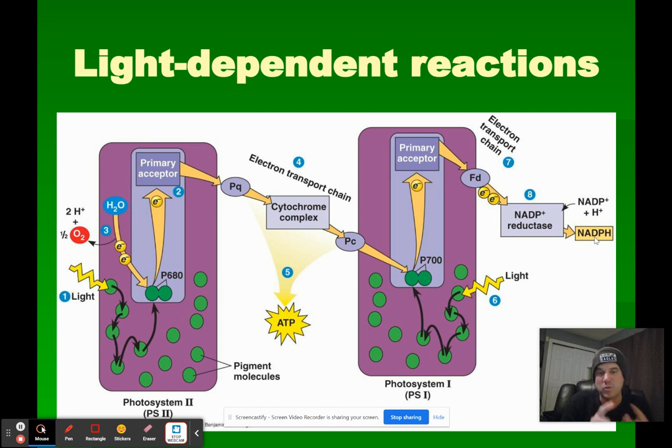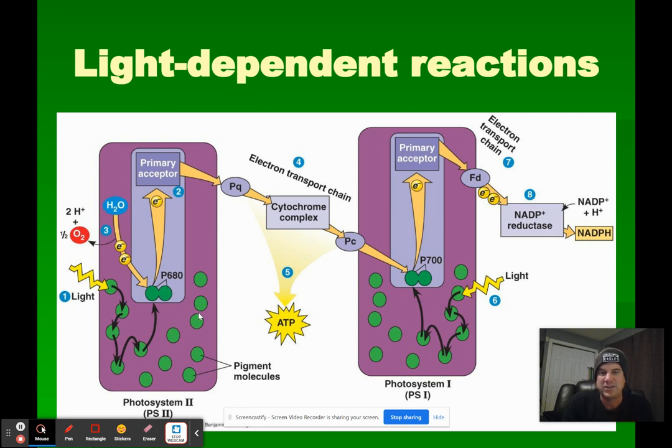Now, one of the challenges here: at the end of the electron transport chain in cell respiration, we had oxygen as a final electron acceptor. Remember, the electrons had to have somewhere to go, and if they didn't, that became a problem, and that's why we have fermentation in the absence of oxygen.